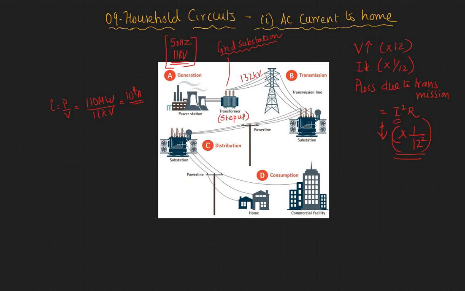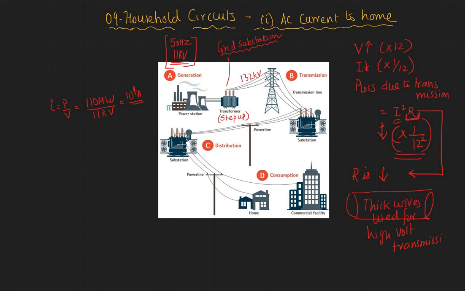And to ensure the power loss is minimum, the other thing that we do is we minimize the resistance. So R is less. And how do we do that? By having thick wires. So thick wires are used for high voltage transmission.